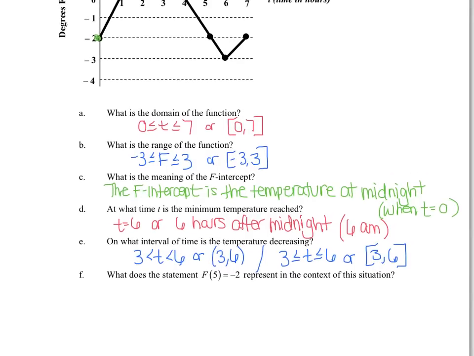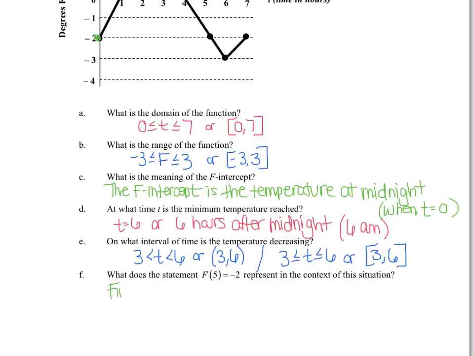Finally, the question asks, what does the statement f of 5 equals negative 2 represent in the context of the situation? Well, our x value, that's our t, T being our time in hours after midnight. So 5 hours after midnight, and then this f gives us our temperature.